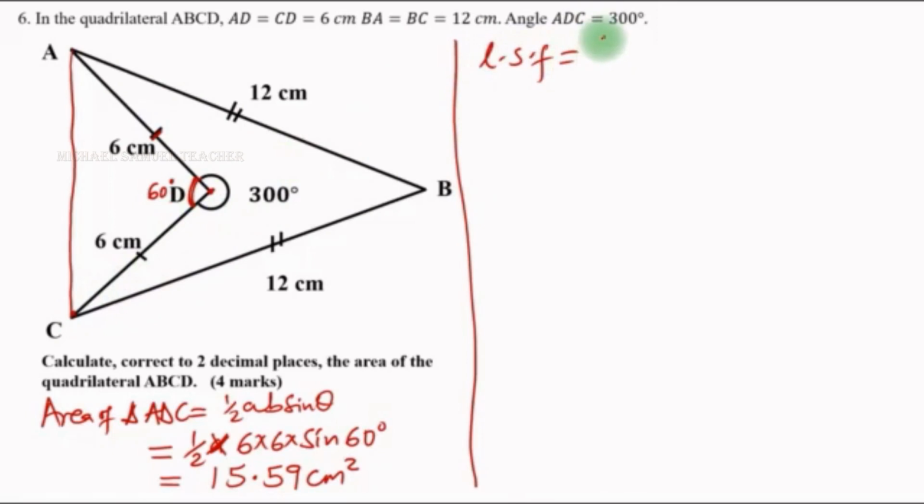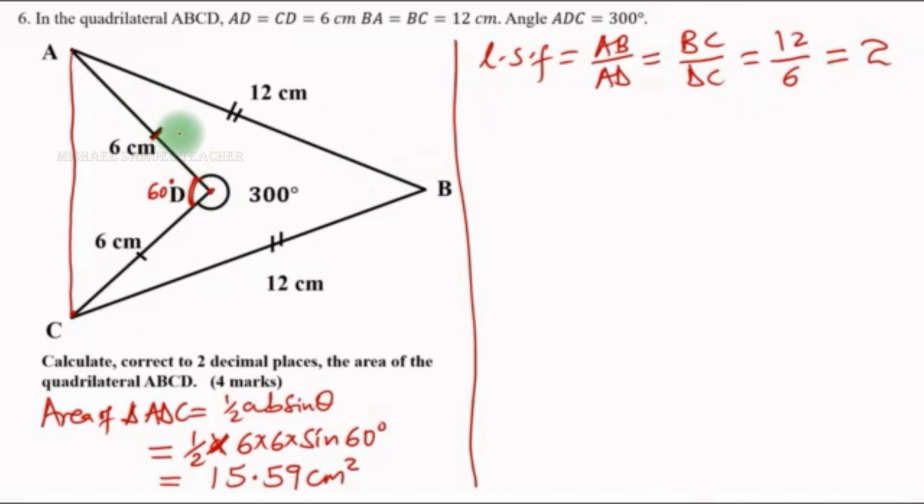So AB corresponds to AD. So if you get the ratio, it will be the same. Also BC, the ratio to DC will be the same. So AC is the same as AB, and BC, which is 12, the other one is 6. So the linear scale factor is 2.